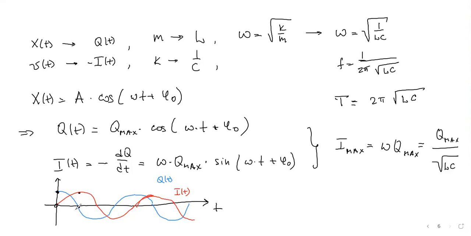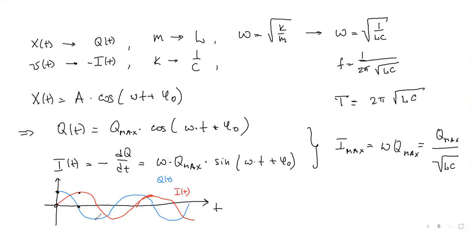When a particle goes through the equilibrium, you don't have force because you don't have deviation. But you have velocity and you have inertia. Then the particle will continue to move and the spring will start to compress. So this means you start to have negative charge, so you're going to start charging the capacitor.